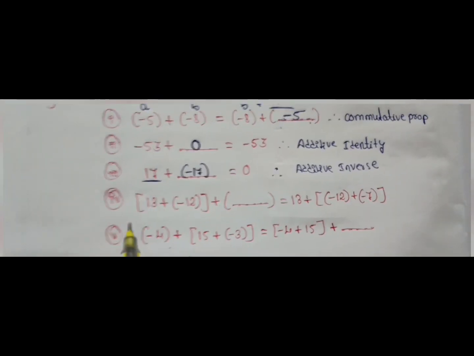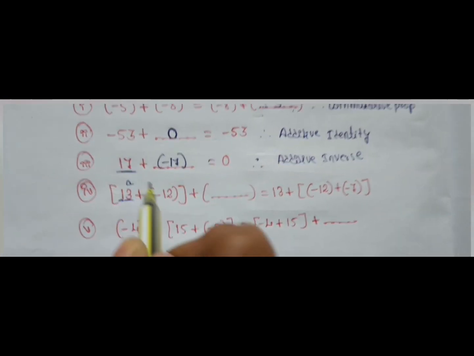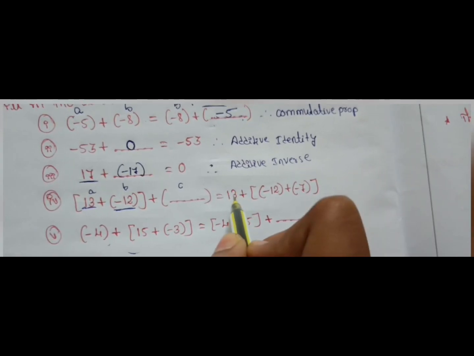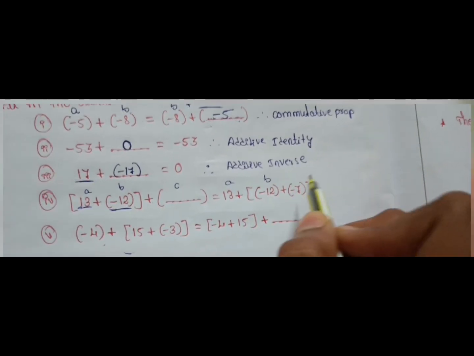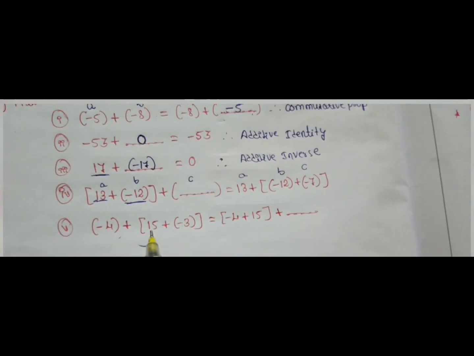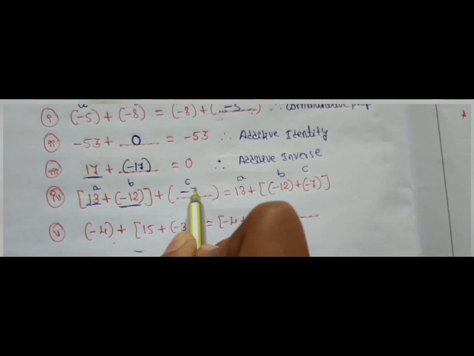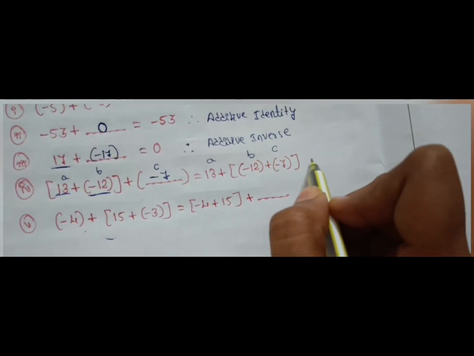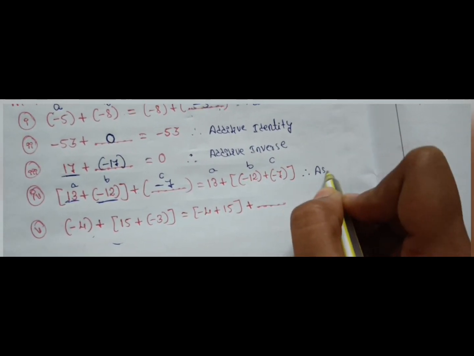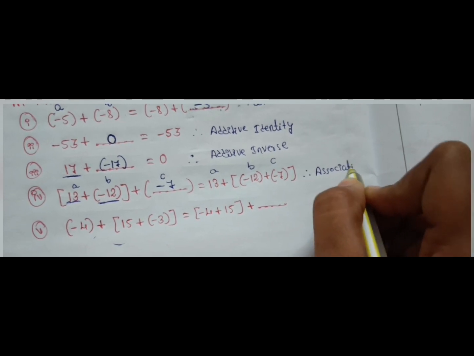So imagine 13 is A and -12 is B, C is blank, equal to 13 is A plus -12 is B plus -7 is C. So according to associative property, C is -7. Both answers are same. So here we applied associative property.